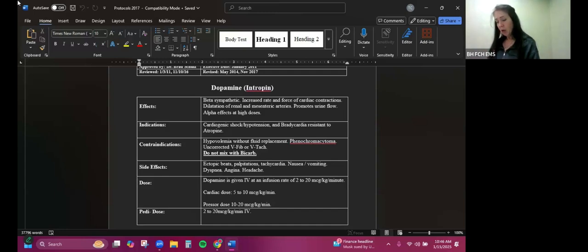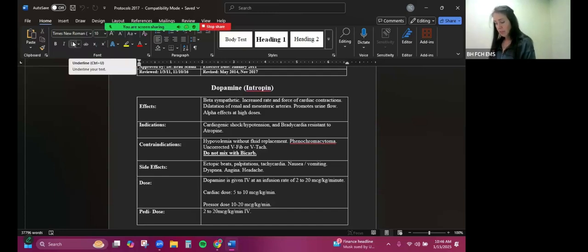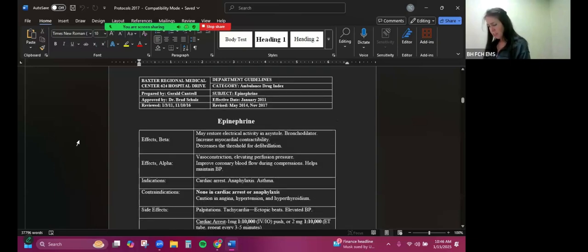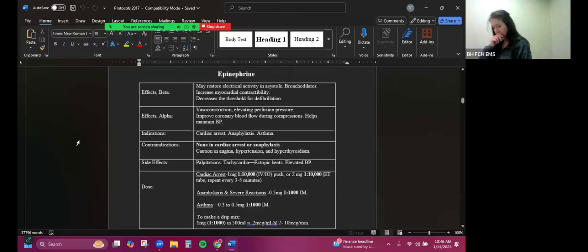Our epi, we use for cardiac arrest, anaphylaxis, asthma. There are no contraindications in cardiac arrest or anaphylaxis. You do want to proceed with caution with angina, hypertension, and hyperthyroidism. Your side effects could be palpitations, tachycardia, and elevated BP. Our dosage is the same as always.